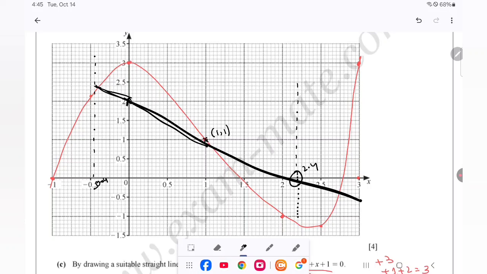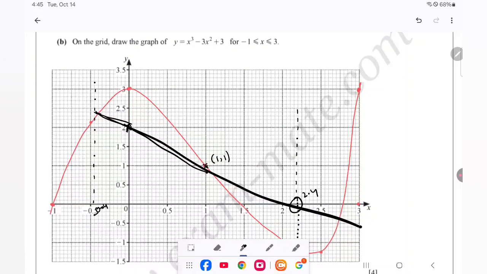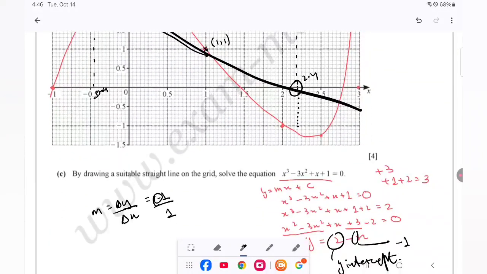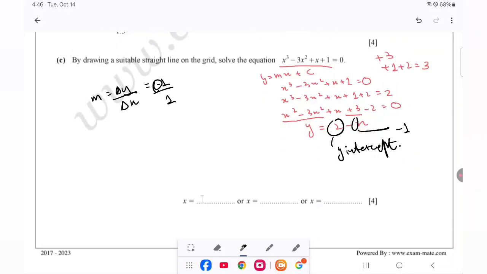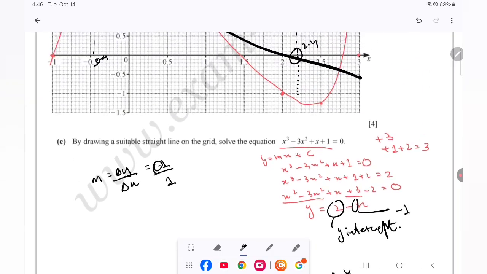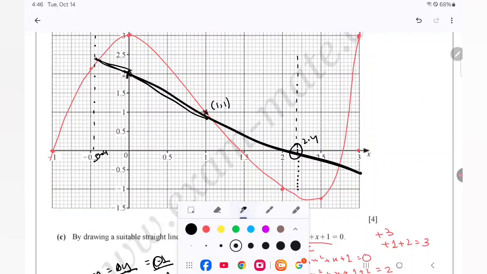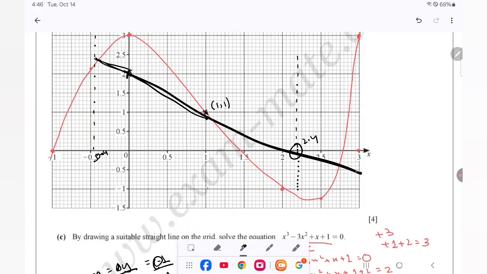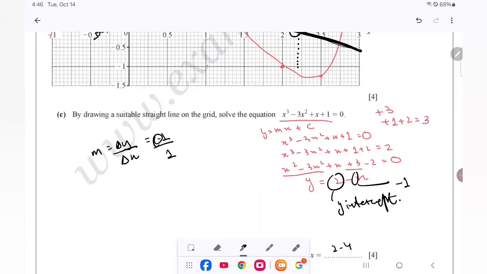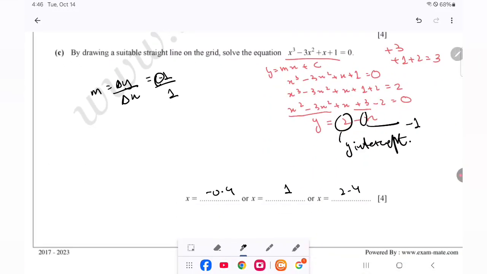These are the three x values on which the line is passing. First is -0.4, 1 and 2.4. If you make it straight from a scale, you will get the exact same points, a straight line, and this is our answer of x.